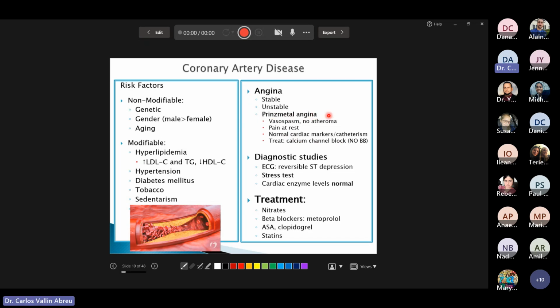So from time to time these can be tested. It is a variation, atypical, rare, not common, of angina that is not precipitated by exercise, where the coronary arteries are normal. And because it is vasospasm, it is treated with calcium channel blockers.